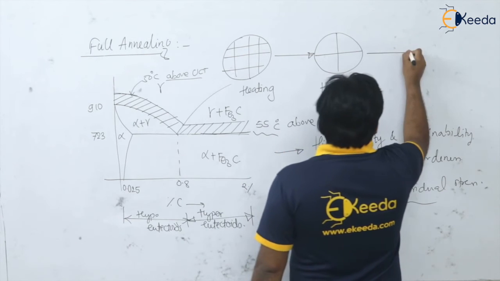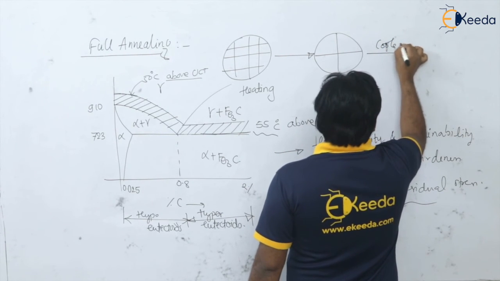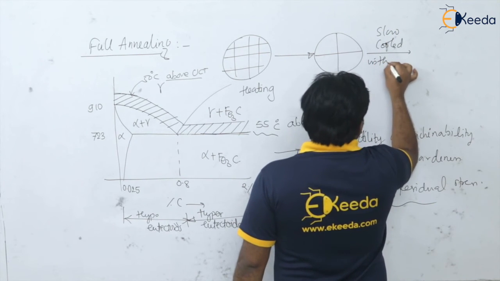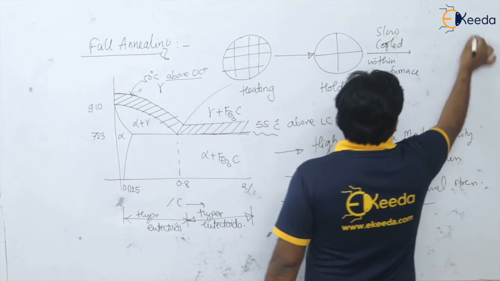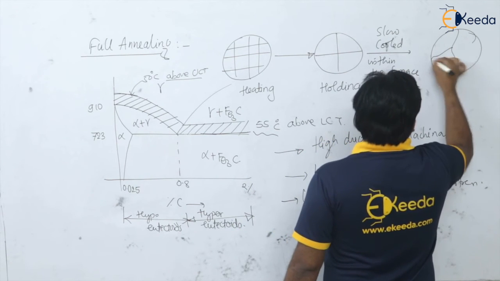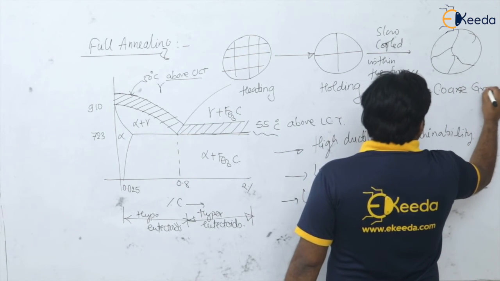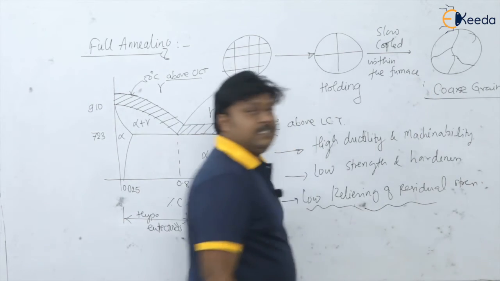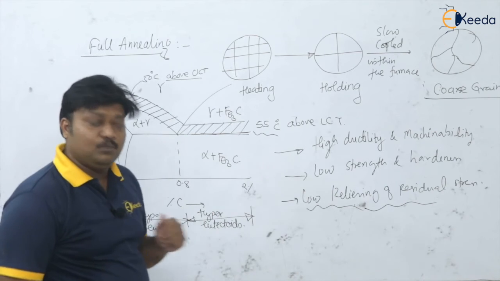And after that, when we cool, slow cooled within the furnace, to get the coarse grains, that is very important, isn't it? So this is the full annealing process.